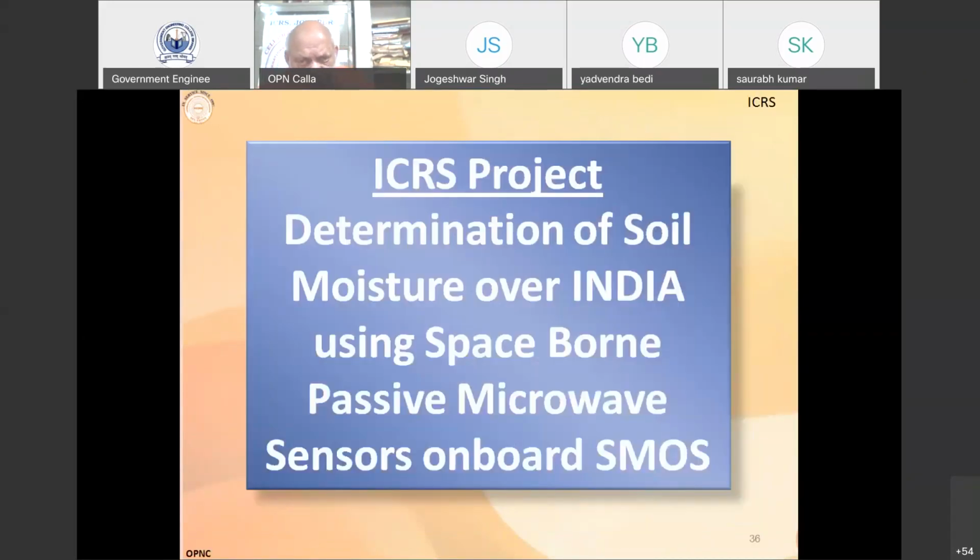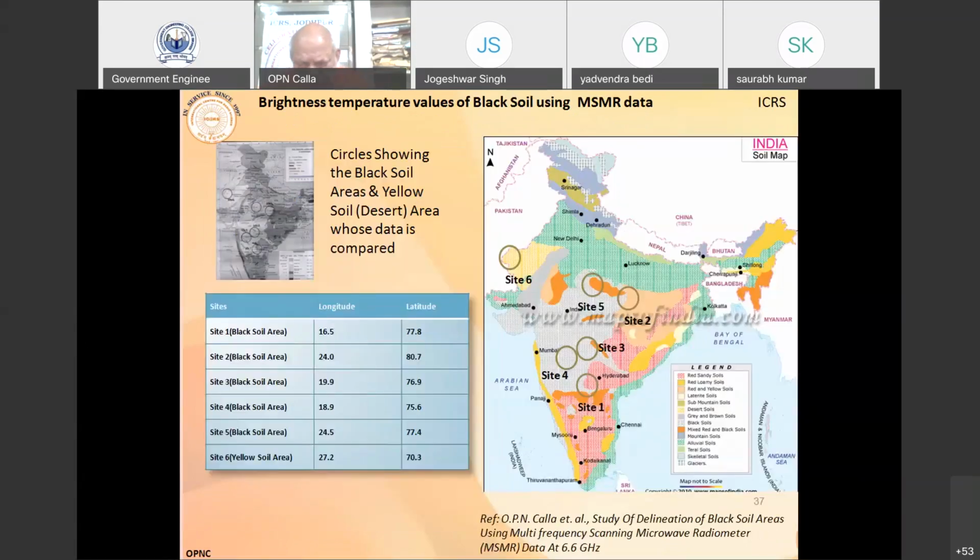Then, as I told you, we did a project using SPOS, and I'll explain how we did that experimentation. First, we took 9 sites, 3 and 3, 6. Here we are showing the 6 sites in this case, depending on the soil type we have taken.